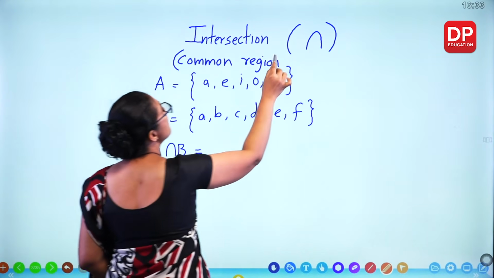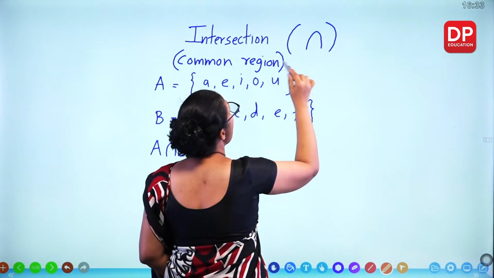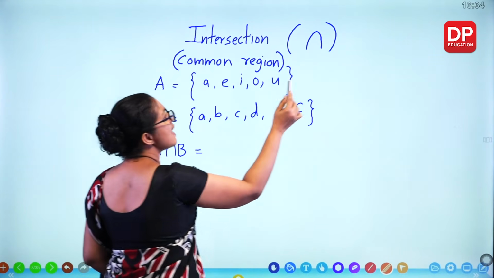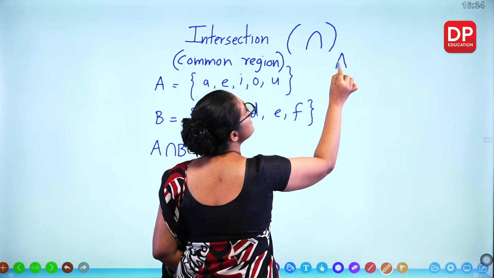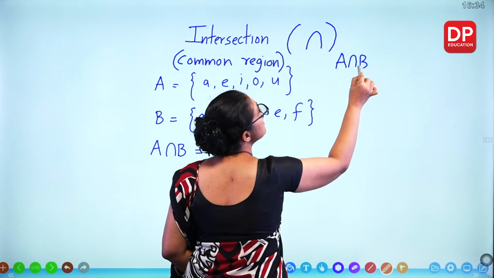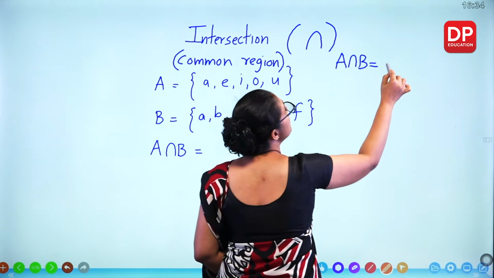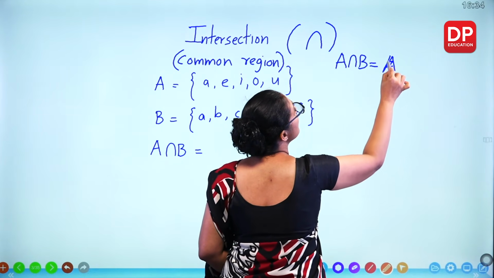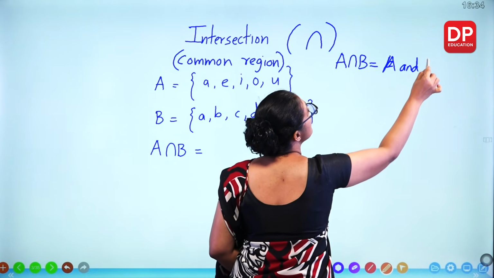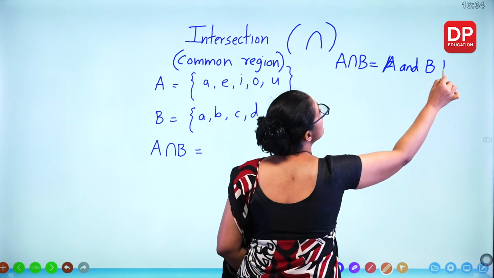Or we can write A and B. If the two sets are A and B, A intersection B means A and B, both.